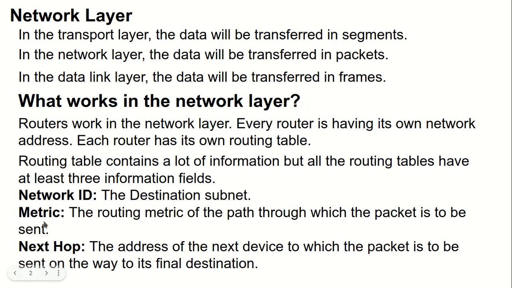And the next hop is like a jump from one path to another. The path will be divided into multiple segments, so the hopping will take place, jumping from one part of the path to another part. In this way the jumping will take place and the data will reach its destination.